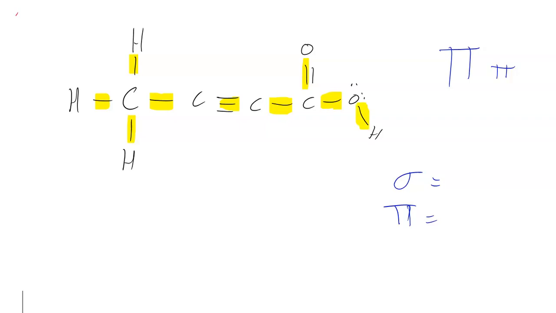But it's not always shown that way. So, how many we got? 1, 2, 3, 4, 5, 6, 7, 8, 9. 9 total covalent bonds and therefore 9 sigma bonds. Now, each additional stick, 1 right there, 1 right there, and 1 right there. That's 3 additional sticks, so it's going to be 3 pi bonds.